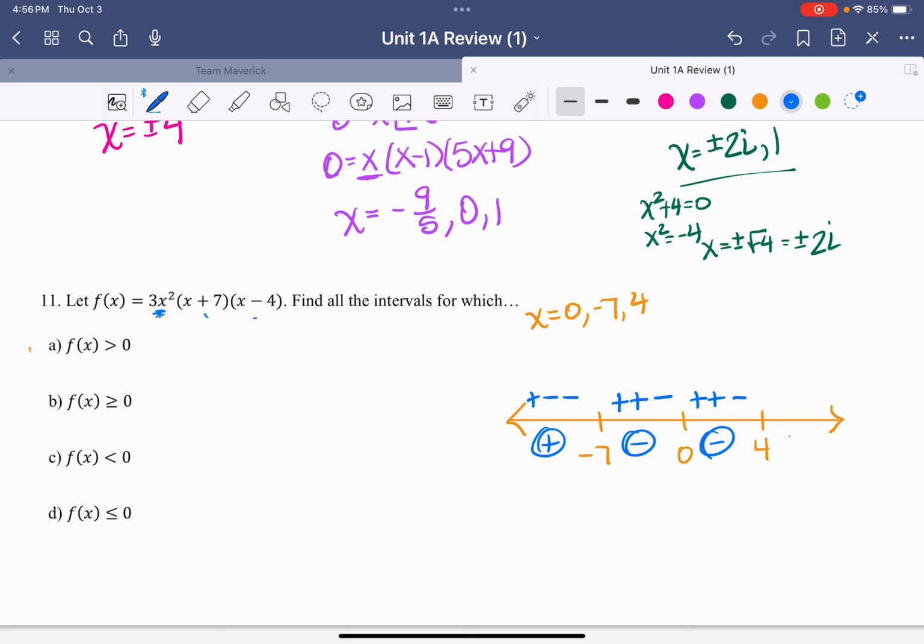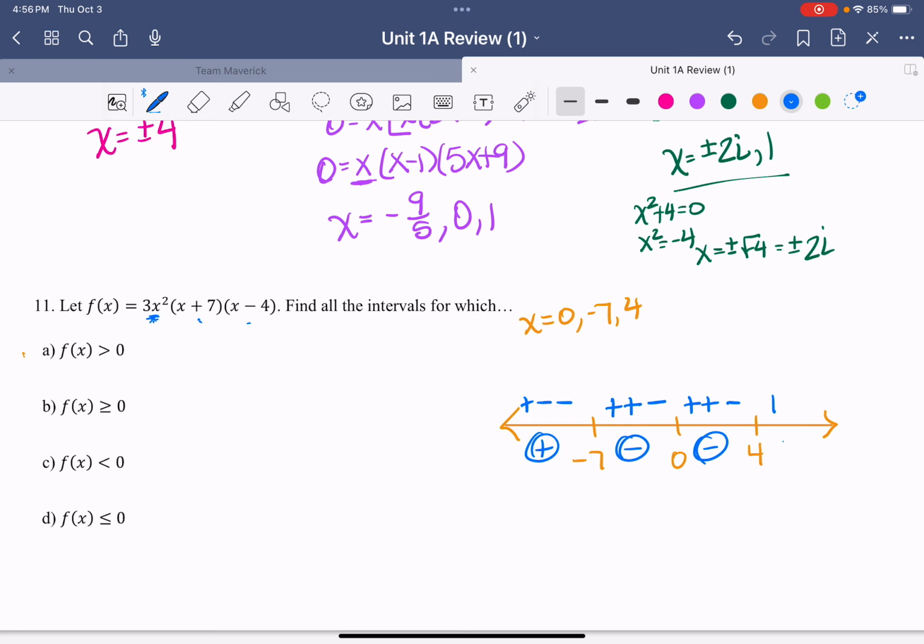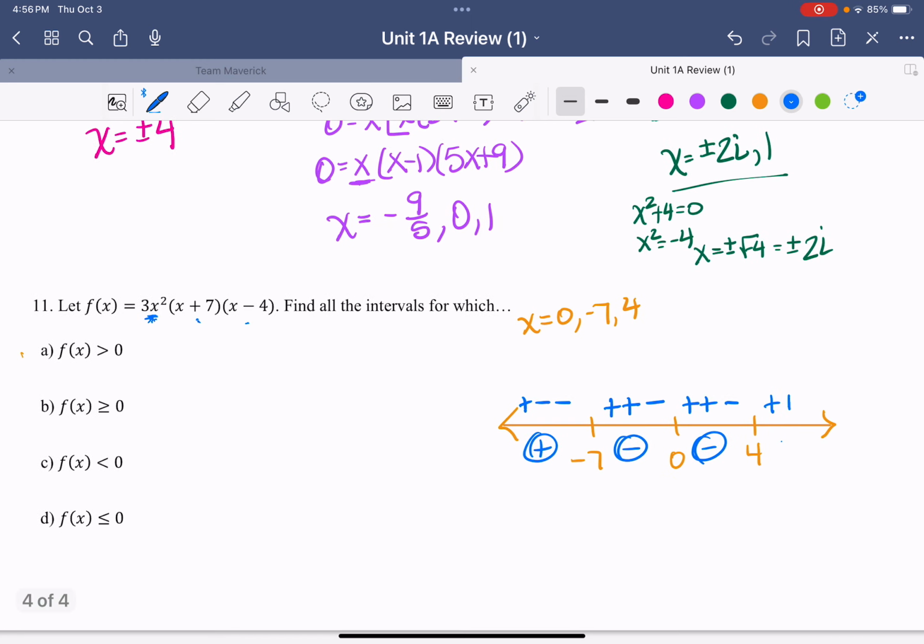Then I could choose 5. The first thing is positive. 5 plus 7 is positive. 5 minus 4 is positive. So this is positive overall. Okay, so let's see what we're looking for here. We are looking for the function to be greater than 0, so I want it everywhere it is positive.